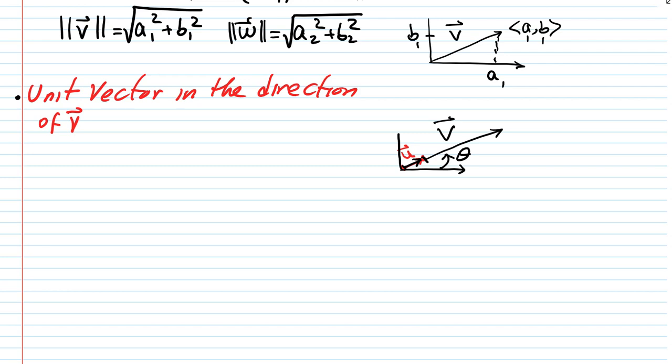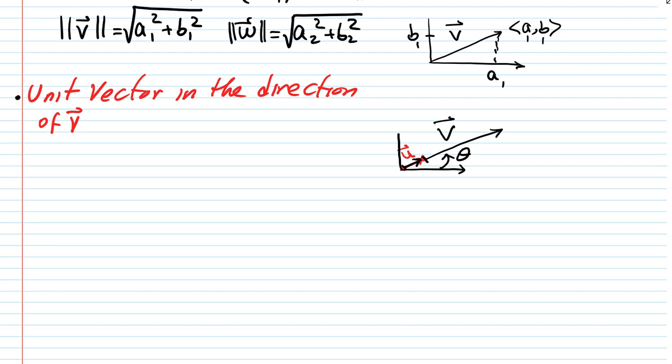I can further combine: magnitude of v times cosine theta in the i direction, plus magnitude of v times sine theta in the j direction. This is the horizontal component of the vector plus the vertical component of the vector, and this will enable us to break down, or decompose, any vector into horizontal and vertical components.